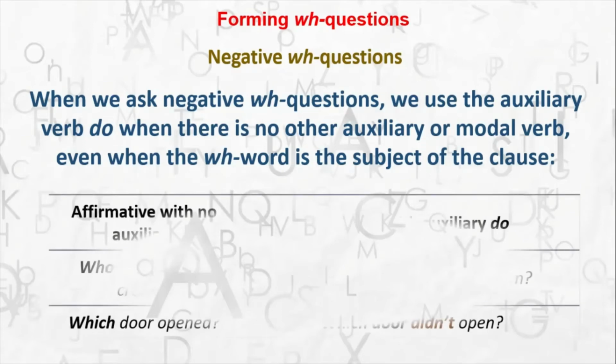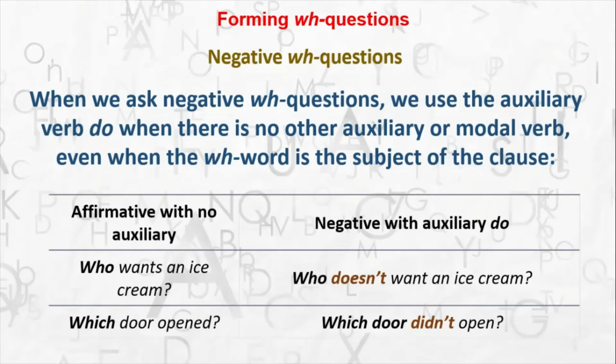Moving on, let's talk about some examples. So here they are. Affirmative with no auxiliary. Who wants an ice cream? Negative with auxiliary do. Who doesn't want an ice cream? So see here, in this case we have to make use of the auxiliary do, but in the negative form.